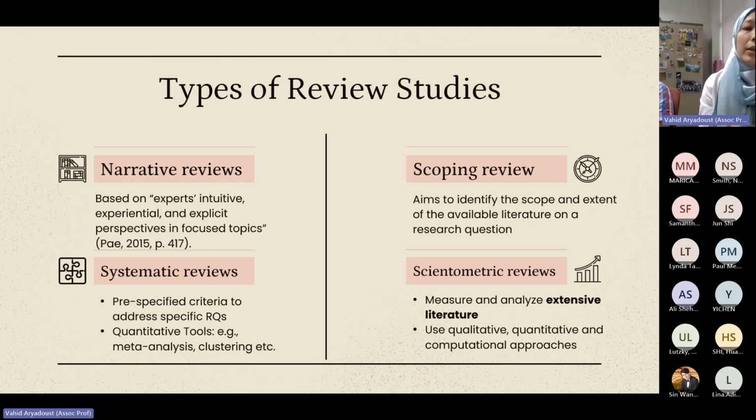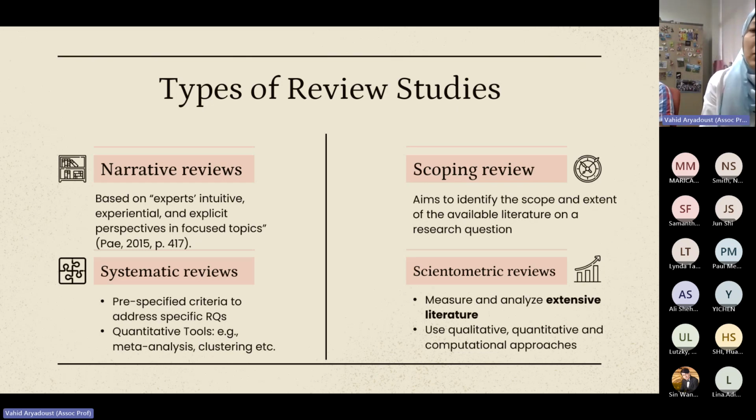So then we also have systematic reviews, which require the selection of data according to pre-specified criteria to address specific RQs. So quantitative tools can be used to do meta-analysis, for example, and clustering. Related also is the idea of a scoping review, where the literature is selected to answer a particular research question.